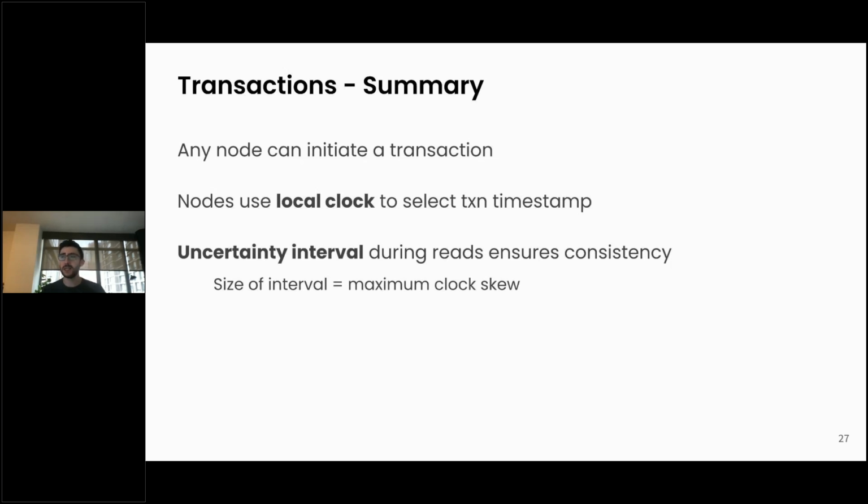So in this case, clock synchronization doesn't directly impact latency like it does in Spanner, but it does indirectly through these transaction restarts. That said, what we're going to see next is an extension to CockroachDB's transaction model where clock synchronization and clock offset bounds does directly impact latency.